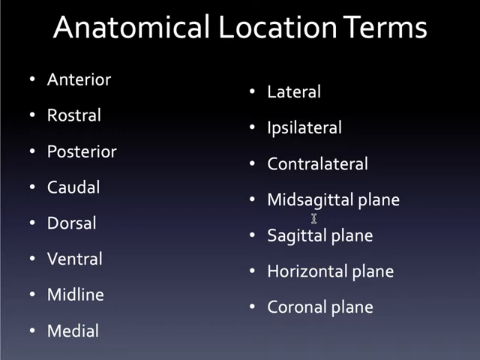And we will see different views along different ones of these planes. So the three main, or what we call orthogonal planes, are sagittal, horizontal, and coronal. And then the mid-sagittal, meaning the sagittal plane drawn along the midline, has a special significance that we'll see.